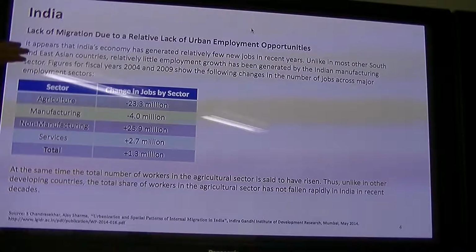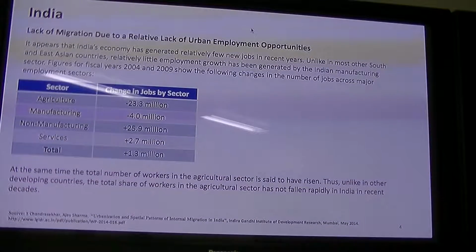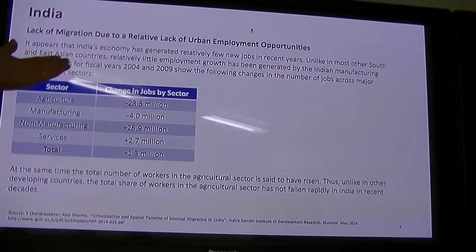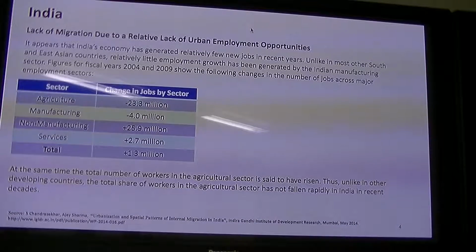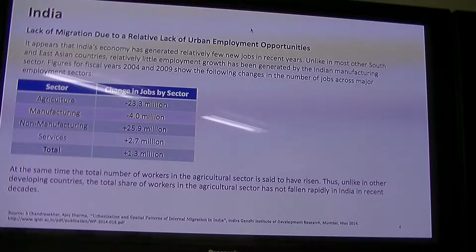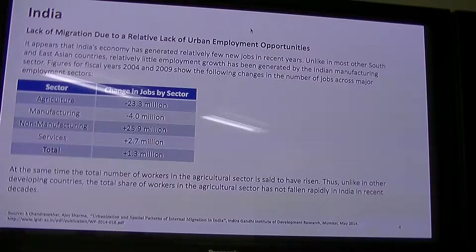Now, one problem is that it appears India's economy has generated relatively few new jobs in recent years. I went online to the India Department of Labor and the labor statistics. I wanted to prepare the lecture and get some labor sector data, and I looked at it.